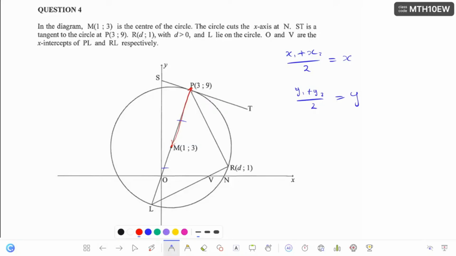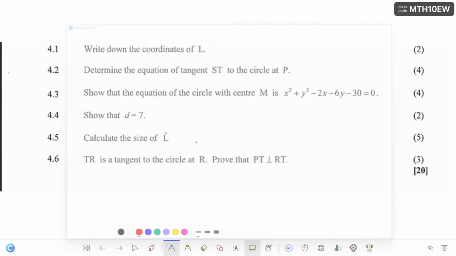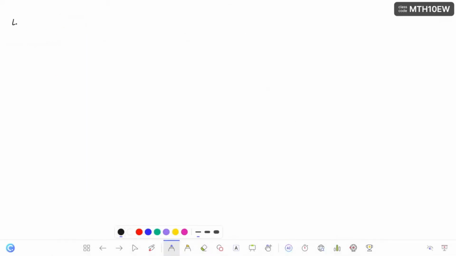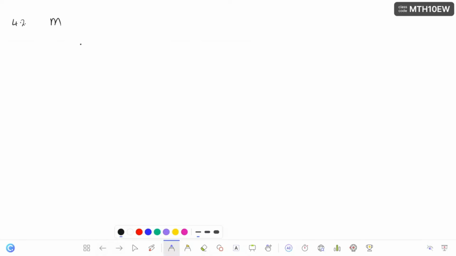After calculating the gradient, we know that this one is perpendicular to ST. So 4.2, we're going to calculate the gradient of PM: y2 minus y1 divided by x2 minus x1.